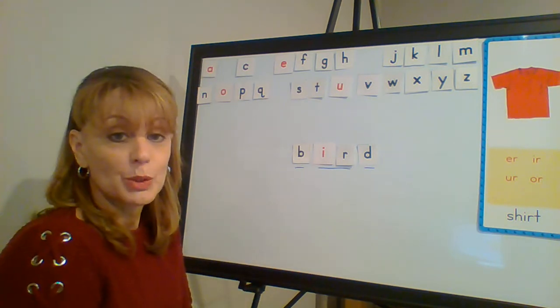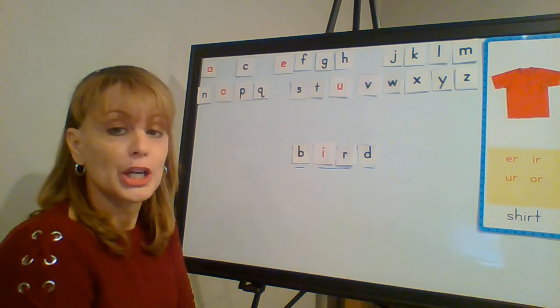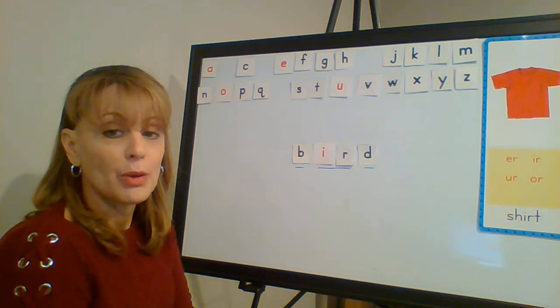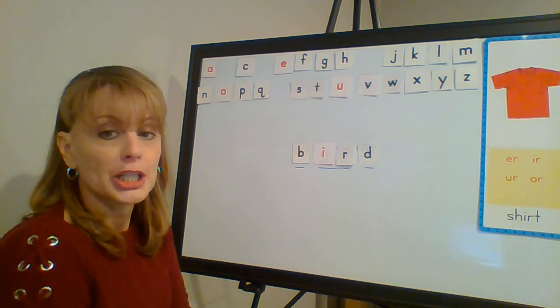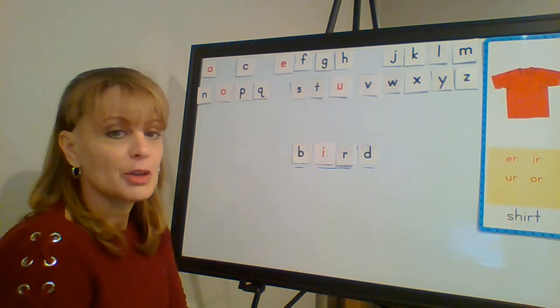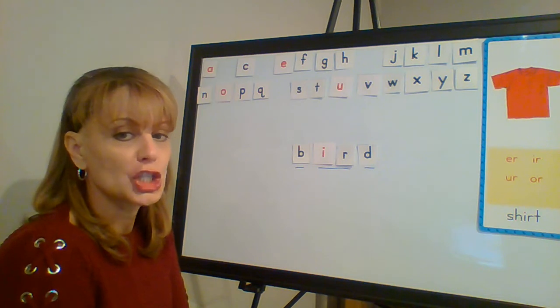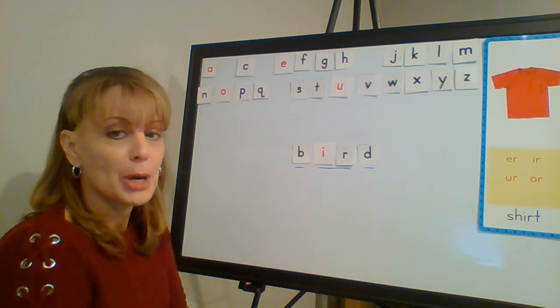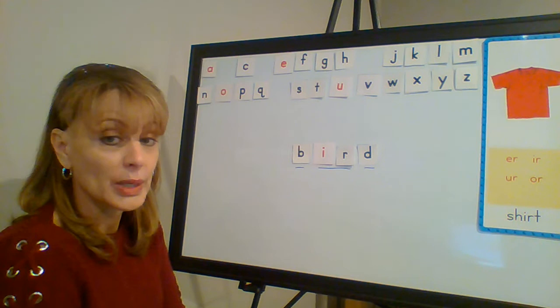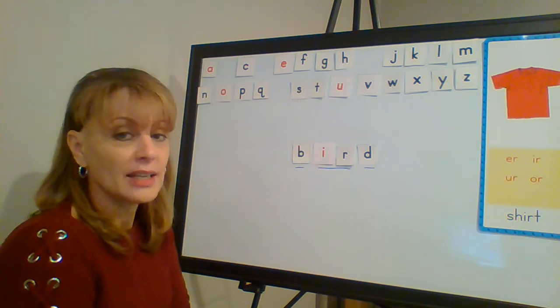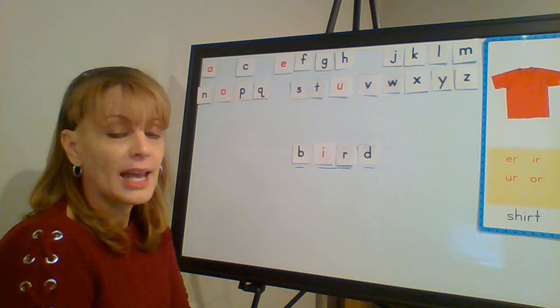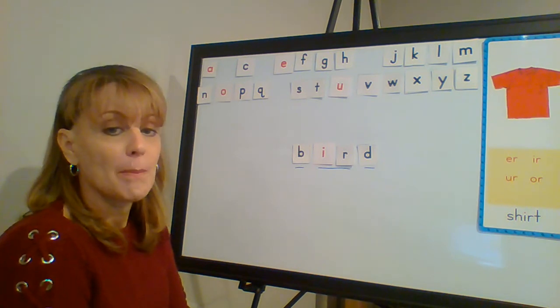Now I want you to start with bird and spell the word birch. Birch. You remember which letters make the ch sound? Birch. It's a kind of a tree. So see if you can take off the ending for bird and spell the word birch.